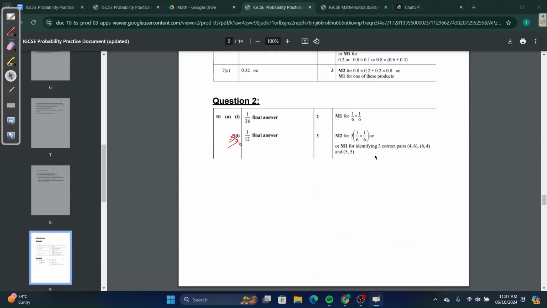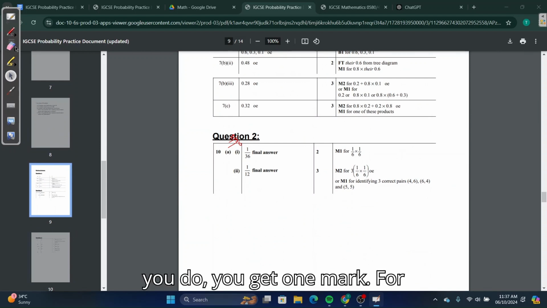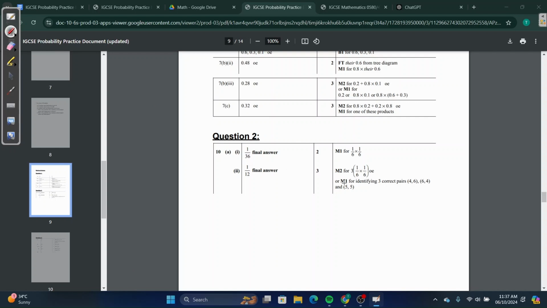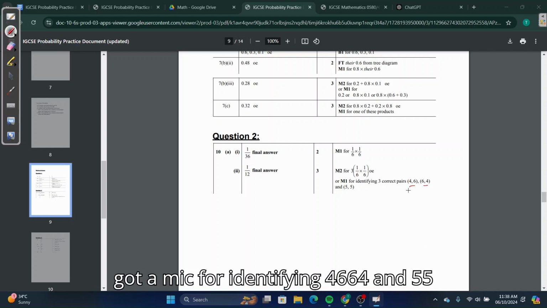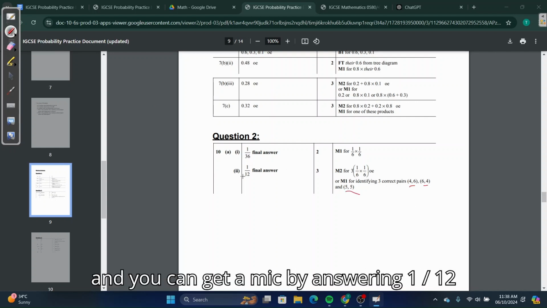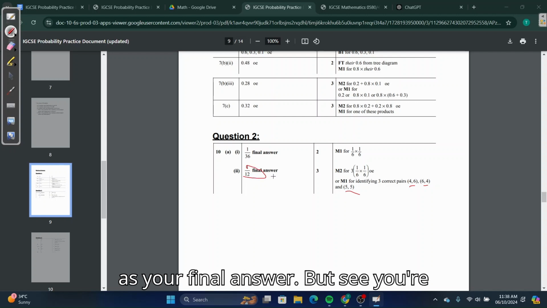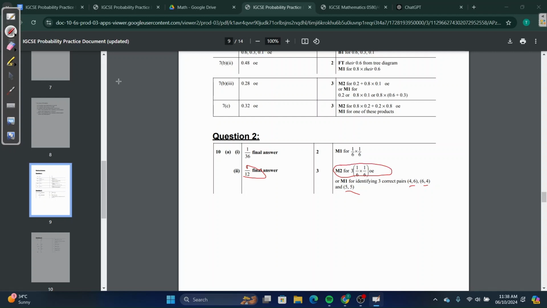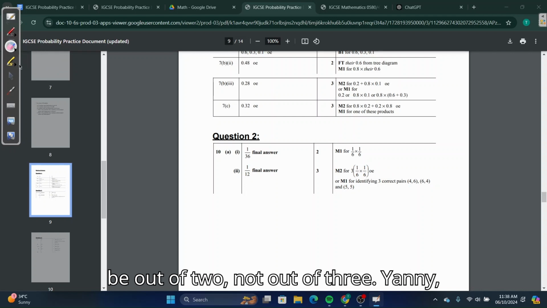If you scroll down, you get 1 mark for identifying the correct pairs. So you get a mark for identifying 4 and 6, 6 and 4, and 5 and 5, and you can get a mark by answering 1 over 12 as your final answer. But see, you're missing out on this mark, mark 2. So likely it's gonna be out of 2 not out of 3.